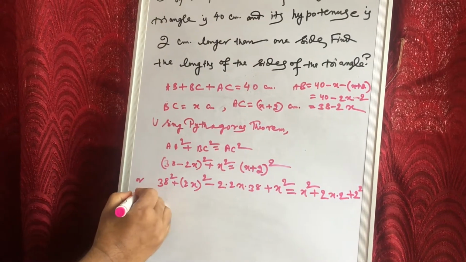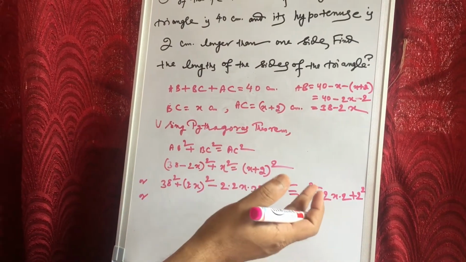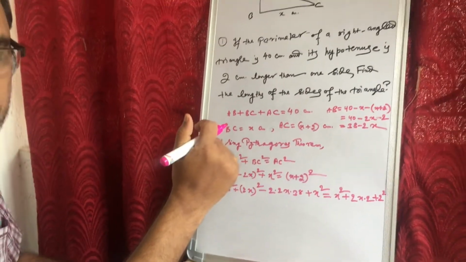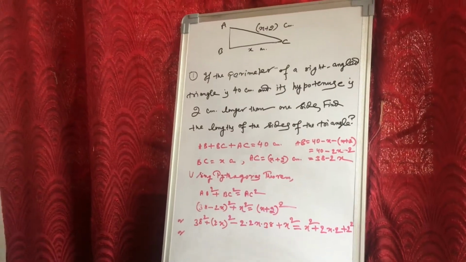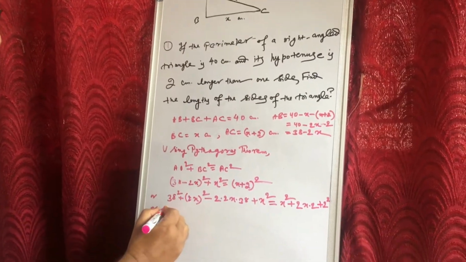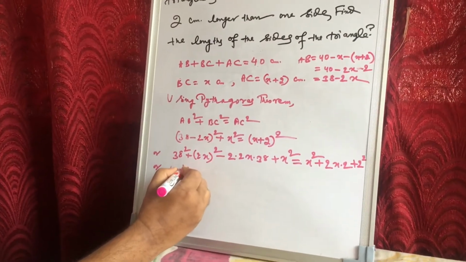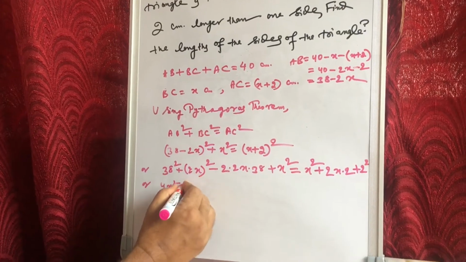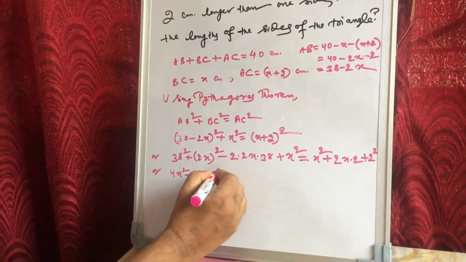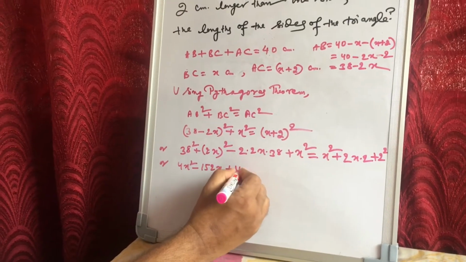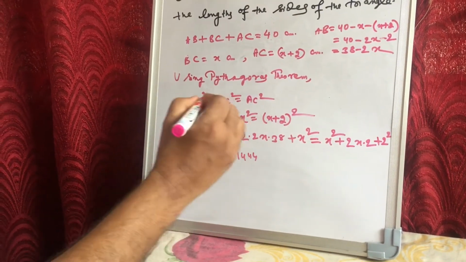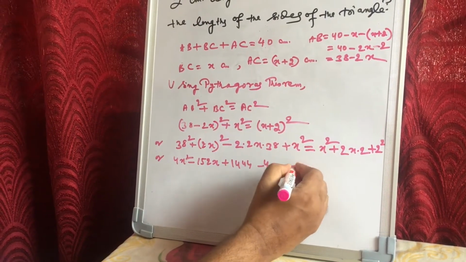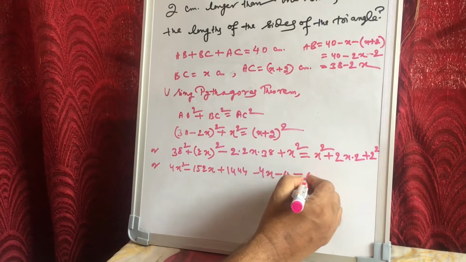Now taking all on left hand side, it will be 4x square minus 152x plus 1444 minus 4x minus 4 is equal to 0.